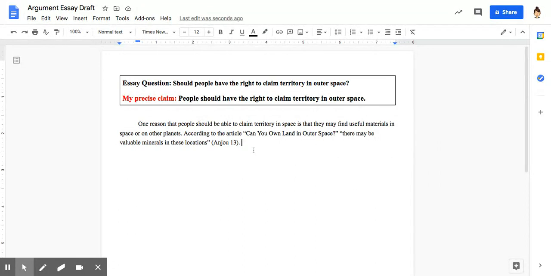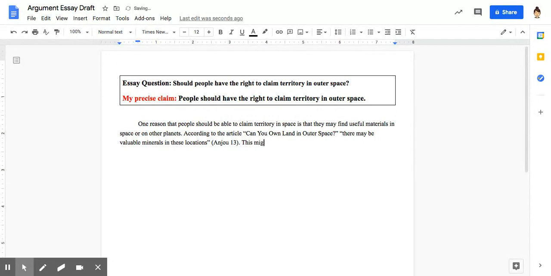Now of course I have to go into my paraphrase, which is restating the evidence in my own words. You know that I like to start with a starter like this means or this shows. You can pick your favorite starter to begin your paraphrase, but what does it mean in your own words that there may be valuable minerals in these locations?